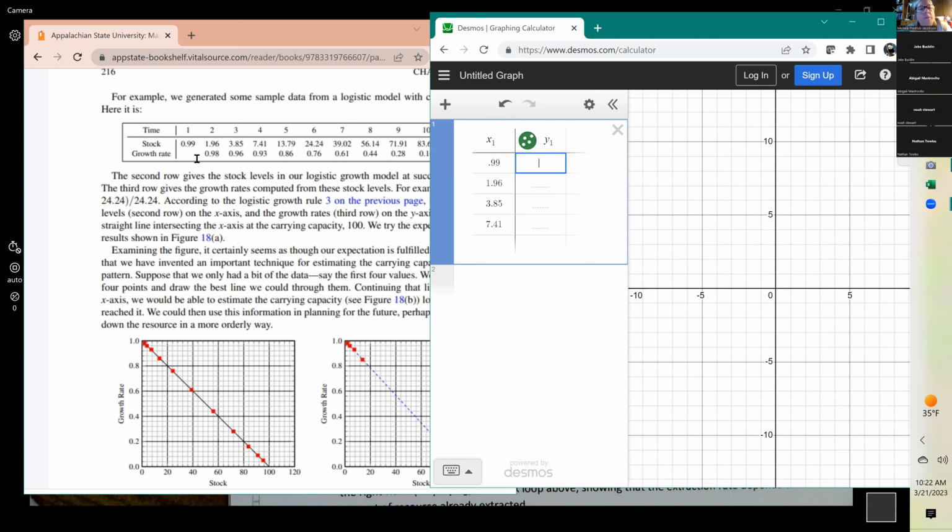And then here we would put our Y. So this first one would be 0, because it just started. And it plots our points over here.